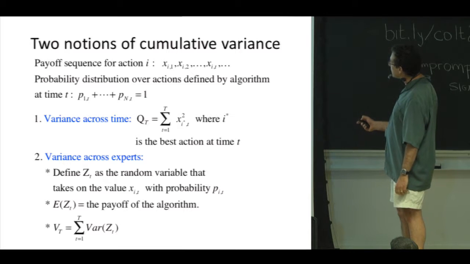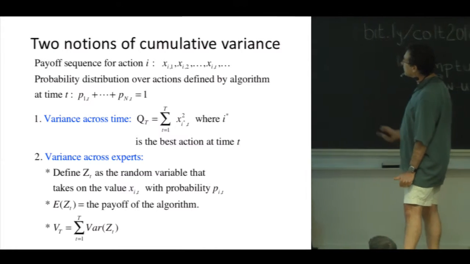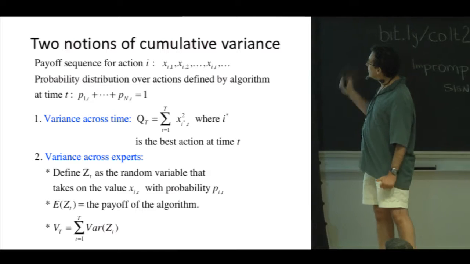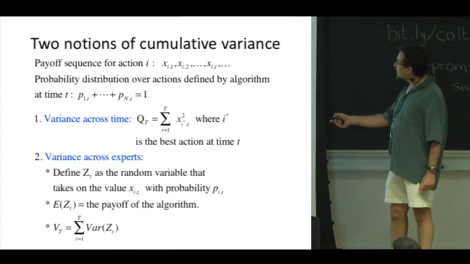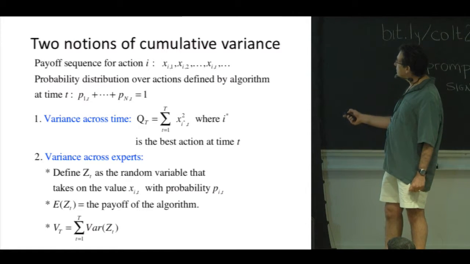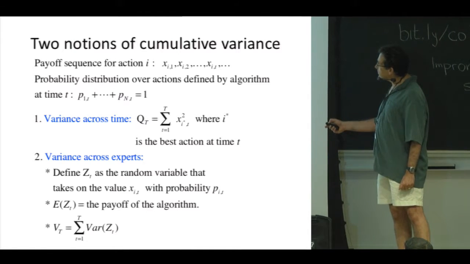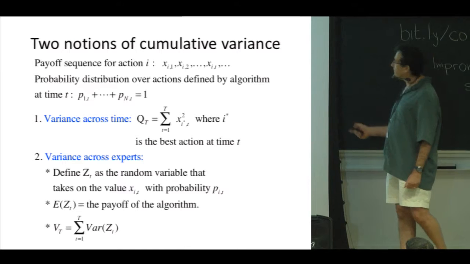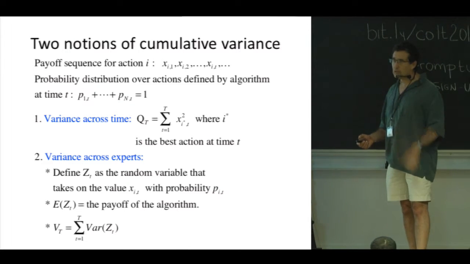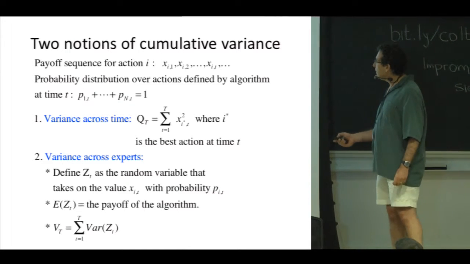For action i, it is x_i1, x_i2, and so on, going up to big T. And then there is a probability distribution over the actions that is defined at time t, so that the probabilities sum to 1. These are the main things that we have.